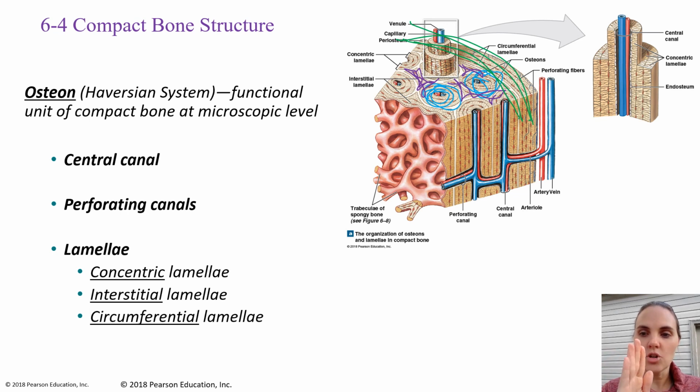If you had a drinking straw standing up and you pushed the straw on either end, it would be very hard to bend it. But then if you took the straw and turned it sideways, it doesn't have much strength in that direction because you're pushing against that axis of the straw, or in our analogy, the osteon. And this affects how bones can be injured, how they can be fractured.